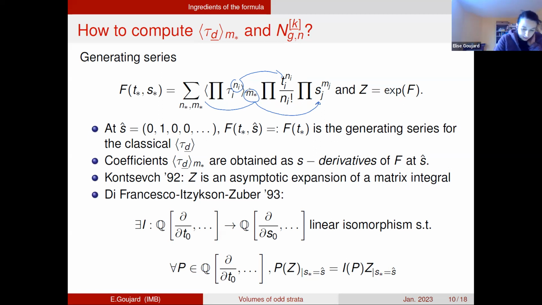So basically, what you want to do is to compute this generating series. The first remark is that if you consider the specific point 0, 1, 0, 0, 0, you recover the classical generating series for intersection numbers with no constraints.